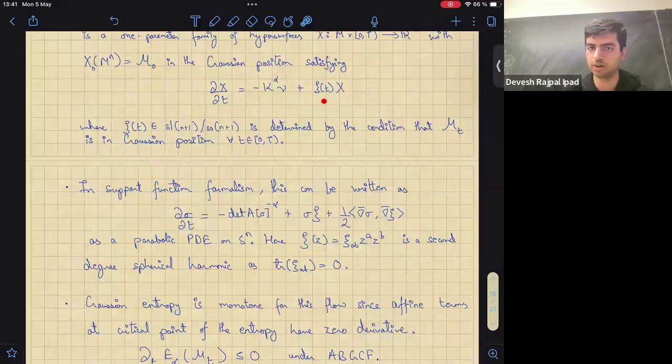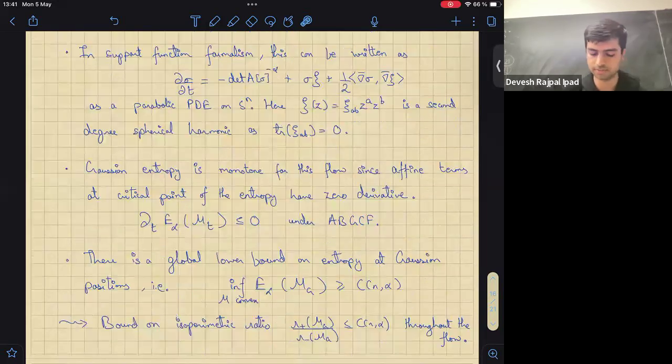When you calculate E dot, since it's at the critical point with respect to affine changes, this term will have zero derivative. This term won't do anything for the time derivative of Gaussian entropy. So good. We still have the same entropies. And again, like in Gauss curvature flow, this entropy will be decreasing under ABGCF.